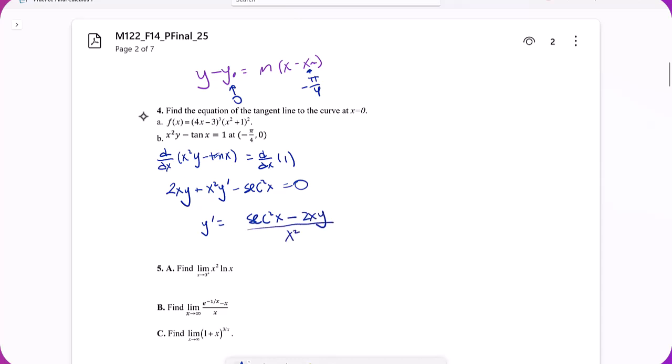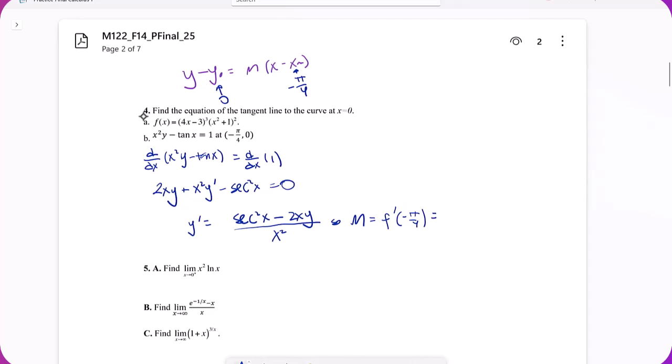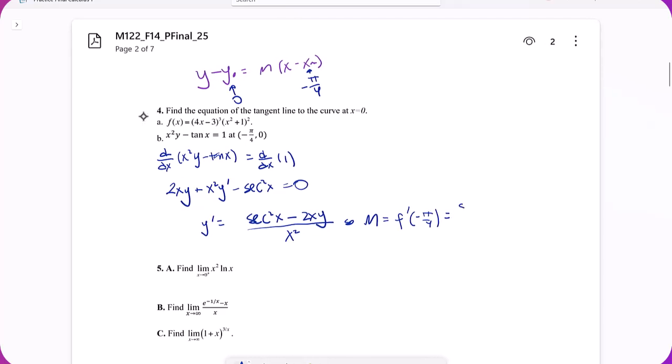When we plug in negative pi over 4, we get secant squared of negative pi over 4 minus 2 times x, which is negative pi over 4, times y, which is 0, divided by negative pi over 4 squared.